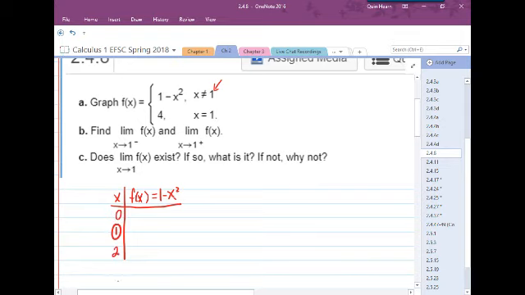Okay, and plot those points. I know this should be a parabola that opens downward. And you should be familiar enough with this to know where the vertex is going to be and the x-intercepts and everything.